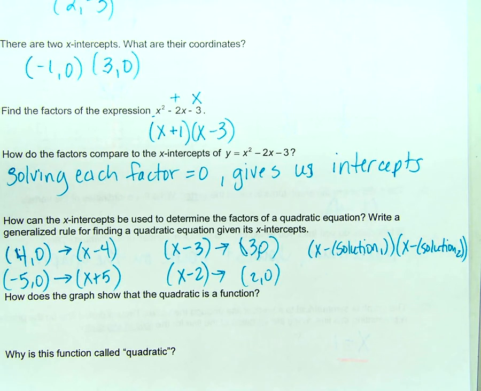How does the graph show that the quadratic is a function? How do we tell if something's a function? That means it's continuous. It doesn't make it a function.